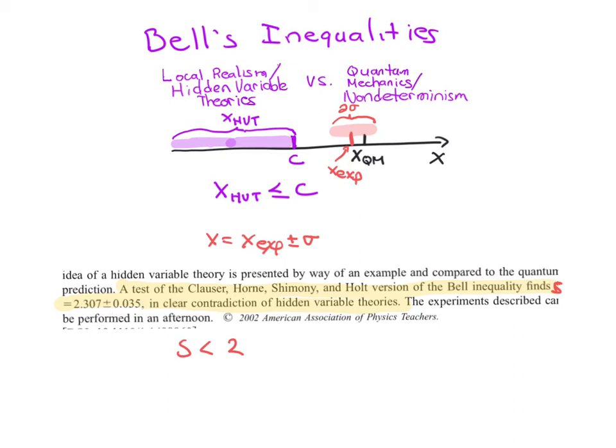So the smallest value S could have would be 2.307 minus 0.305, and that number is clearly much bigger than 2. So their experimental results are a clear contradiction of hidden variable theories. And if you read the paper a little bit more, you'll also see that the value they get is entirely consistent with the predictions of quantum mechanics.